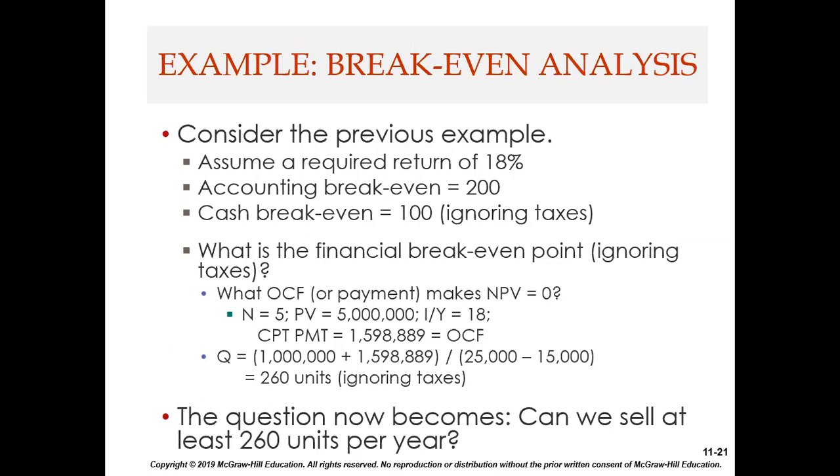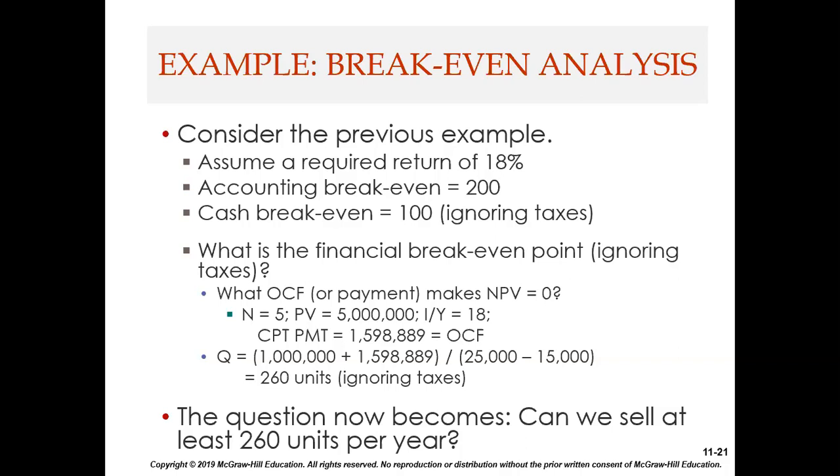Consider the previous example. Now assume a required return of 18%. Accounting break even was 200, cash break even is 100. What is the financial break even point? Our question is, when is net present value 0? So put it into our calculator. The number of periods are 5. The present value is 5 million.